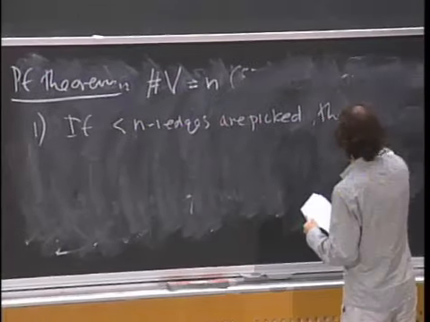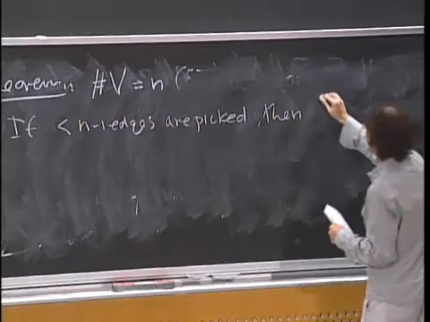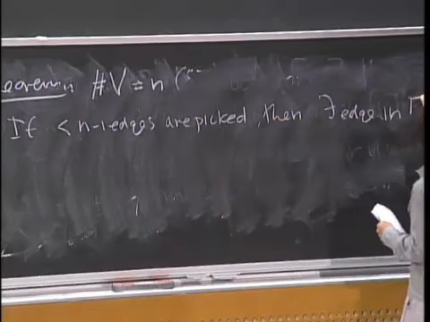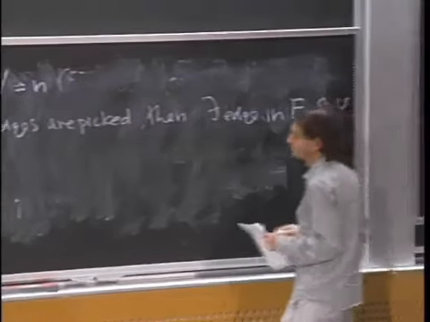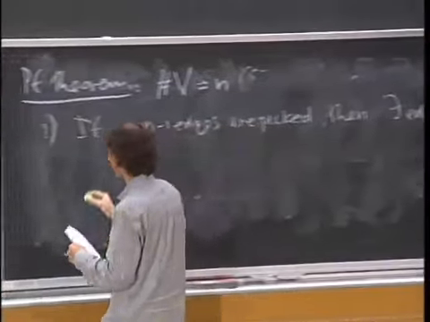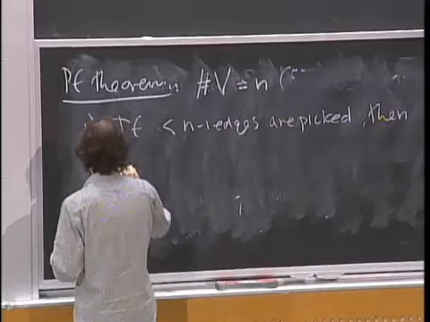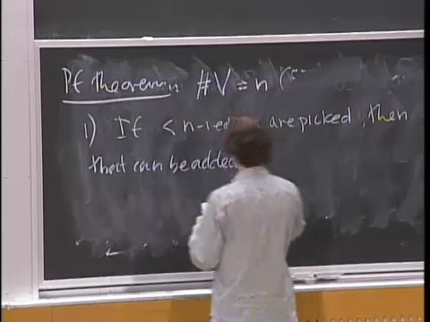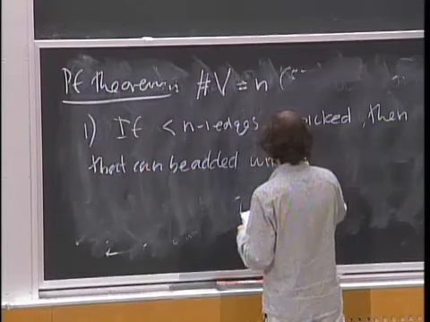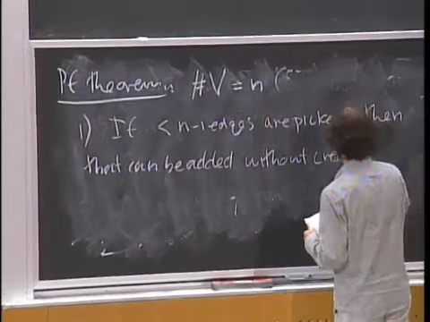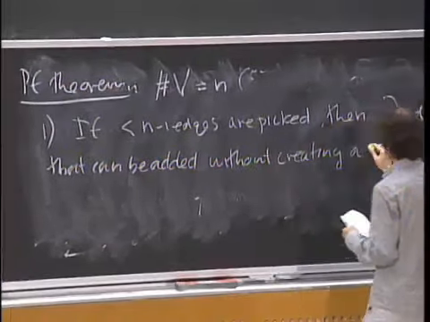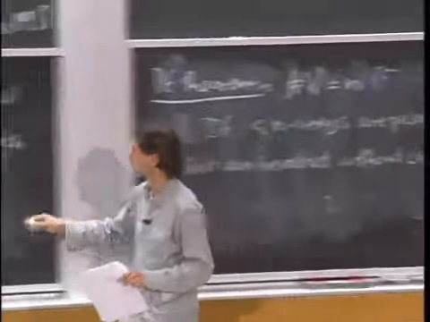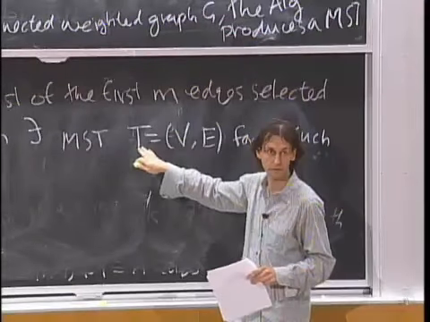Well, then what do we know? Well, there exists an edge in E minus S that can be added without creating a cycle. So why is this? I know that E is the edge set of my minimum spanning tree.